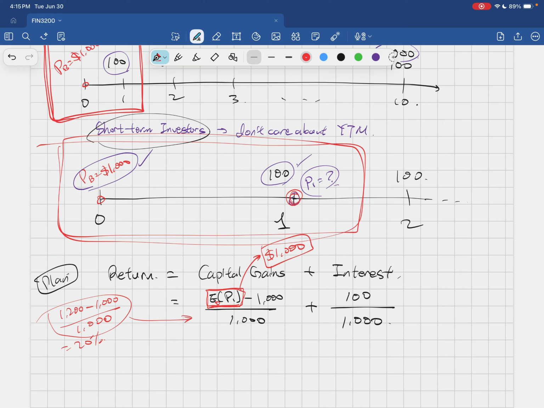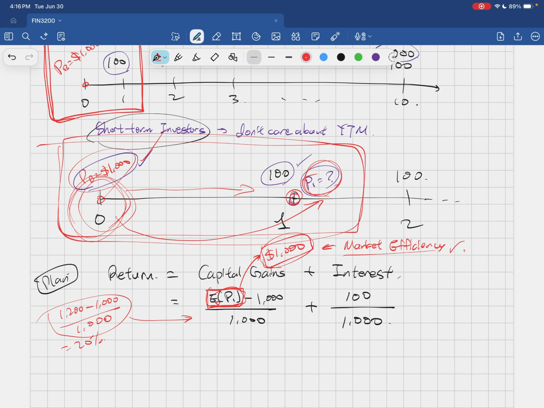This deals with market efficiency. Basically, based on current information, looking at the world from time 0, you cannot accurately predict the price in the future. If one could, they would be extremely rich, right? But the markets are pretty efficient, so the current price reflects all available information. The price will change according to future information, but right now the best guess is that the price in time 1 will still be $1,000.